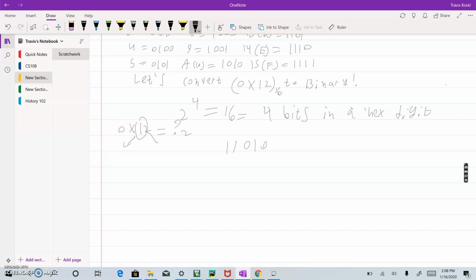1, 0, 1. And I want to know what this is in hex. Well, the first part's easy because we already see a group of 4 that we can chunk off right there, and that's 1 hex digit, and this happens to be, let's see, 0101, that is 1 plus 4, that's 5. That's 5 right there. Now how do we deal with these since we don't have a perfect group of 4?